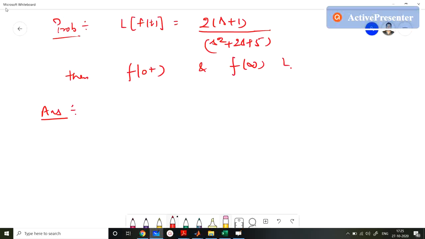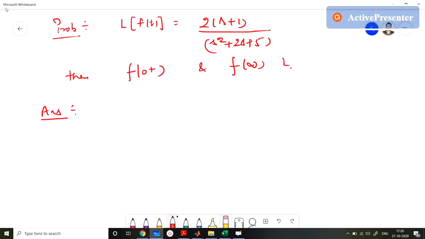To find the solution of this problem, first we need to find the poles and check the stability. If the system is stable, then there is no problem in finding the initial and final values. So let us discuss the stability.